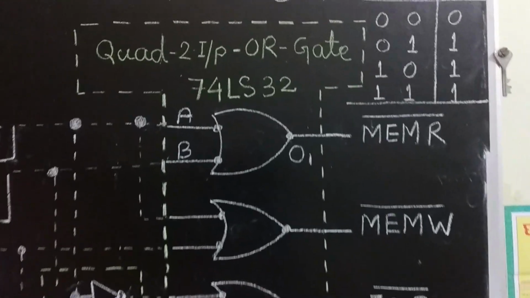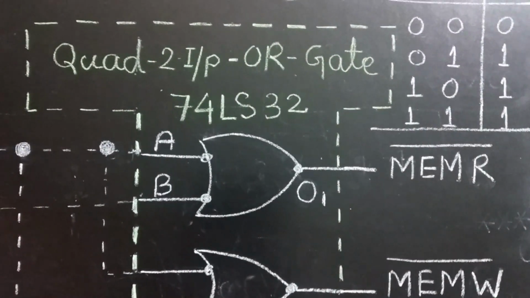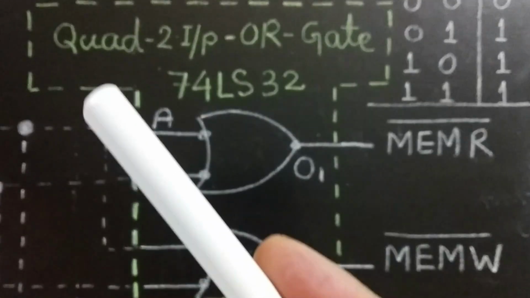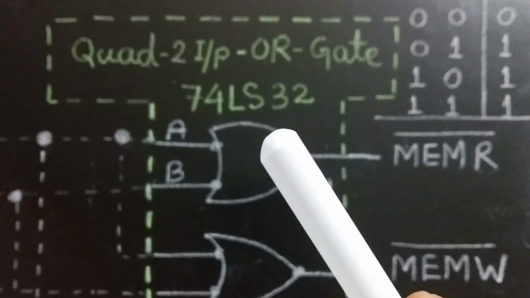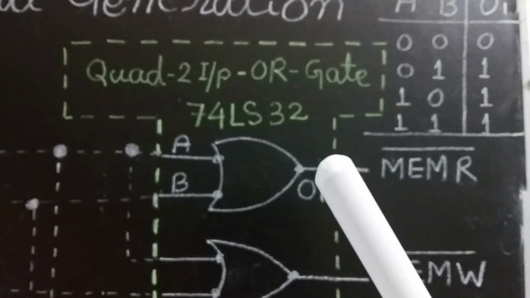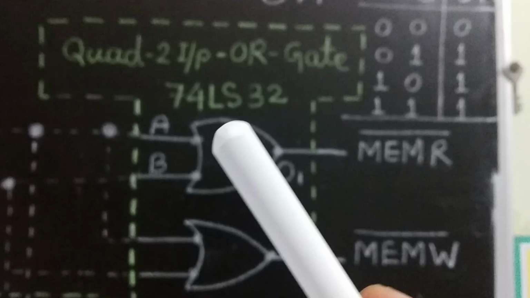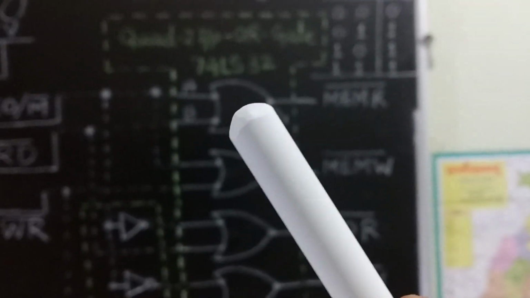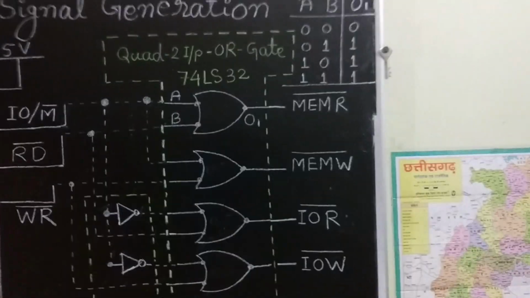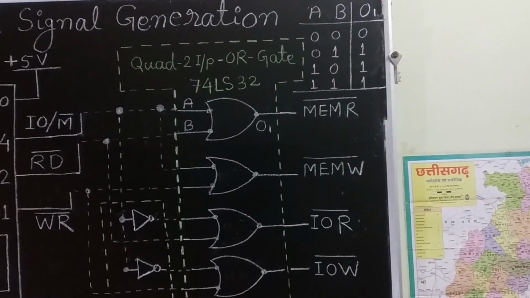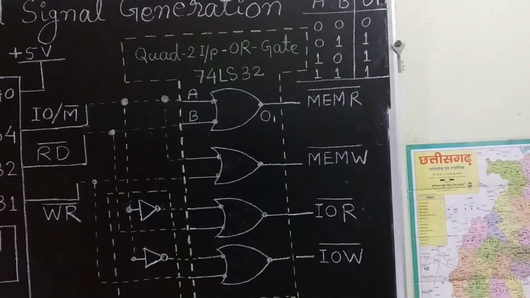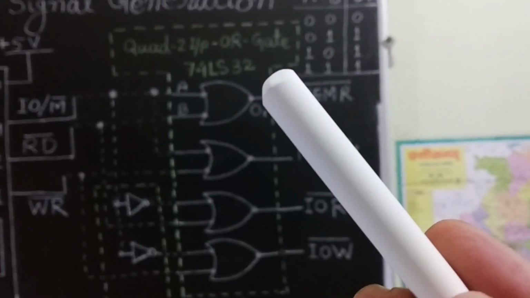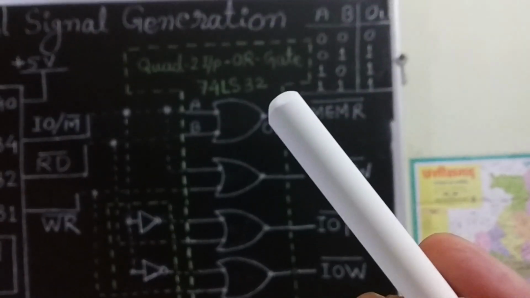Quad means 4, so there are 4 OR gates, each having 2 inputs and 1 output, which means 3 pins per gate.